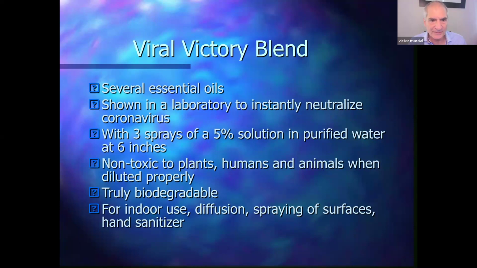And it was shown that a solution of 5% of these lipids and 95% of purified water, sprayed 3 times at 6 inches from infected COVID-19 cells in a petri dish, got rid of all the virus in less than 10 minutes, and it did not get rid of any of the infected cells. So it was found to be non-toxic to cells.